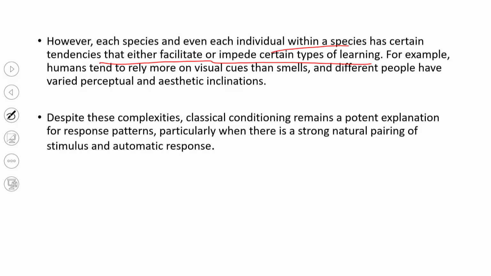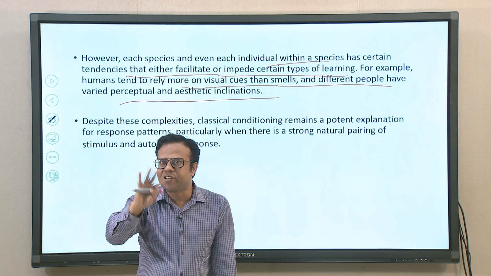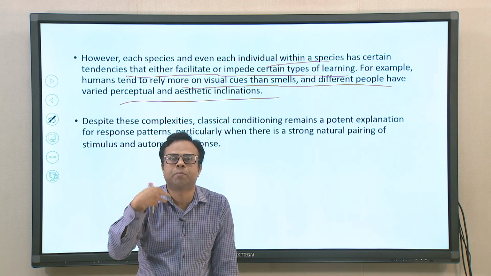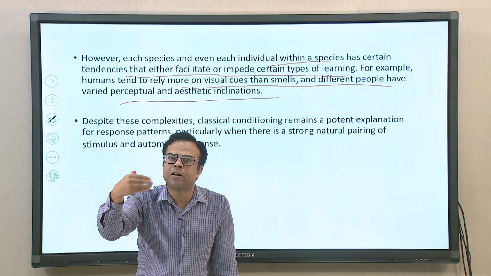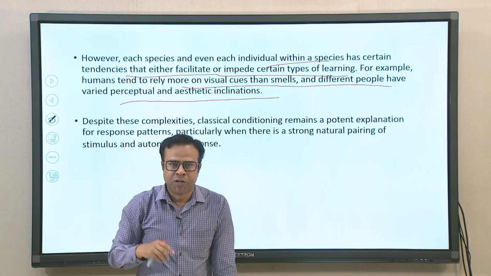For example, humans tend to rely more on visual cues than smells, and different people have varied perceptual and aesthetic inclinations. What kind of stimuli will have an impact on you? For example, visual stimuli will have more impact. Like this, every species, and also individuals within the species, have differing preferences. So, if something is conditioned according to their liking, the conditioning is more likely to happen.